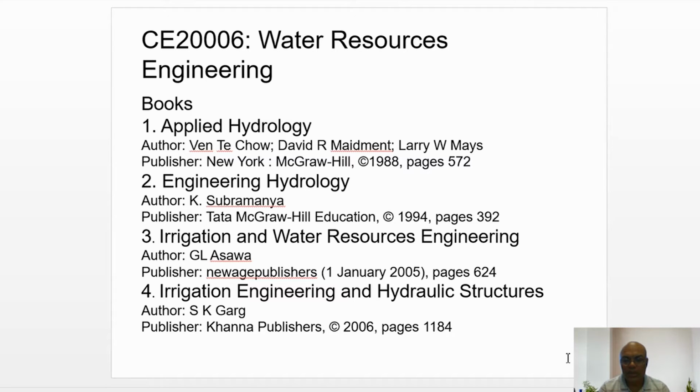But this course is supplemented by other books, listed here from 2 to 4: Irrigation Hydrology, authored by K. Subramanya, published by Tata McGraw-Hill; Irrigation and Water Resources Engineering, authored by G.L. Asawa; and Irrigation Engineering and Hydraulic Structures, authored by S.K. Garg. Please try to get these books, so that you can refer to them from time to time.